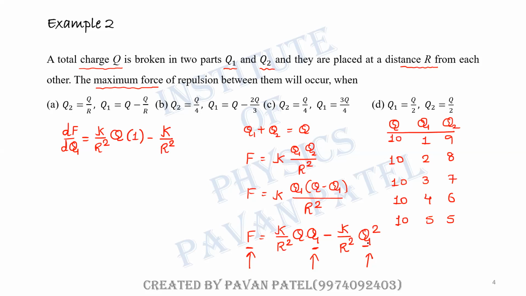Differentiation of Q1 square with respect to Q1 is 2Q1. And dF divided by dQ1 should be 0.